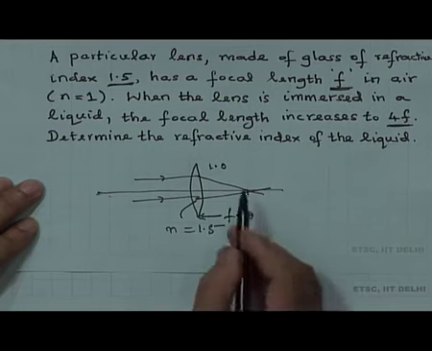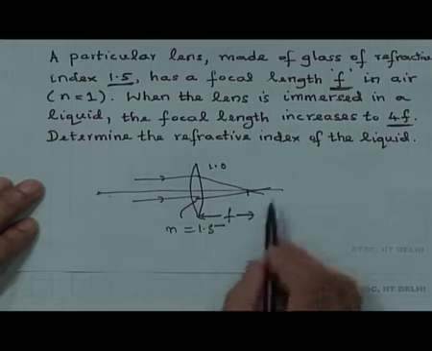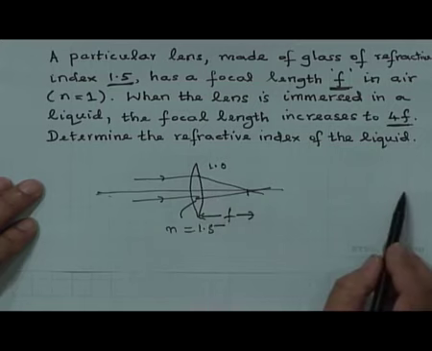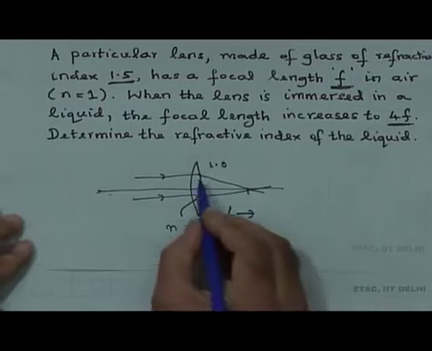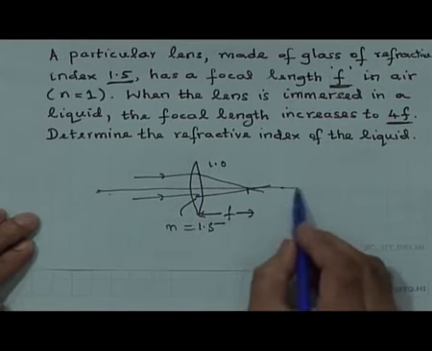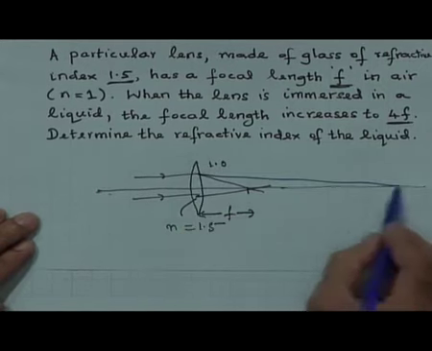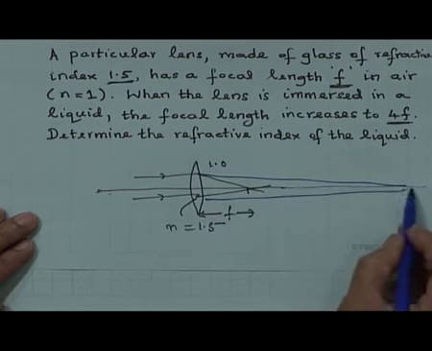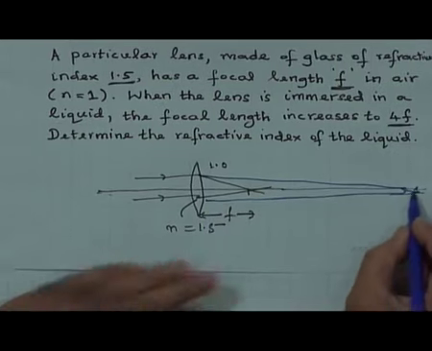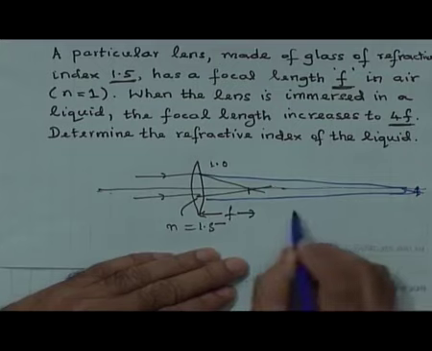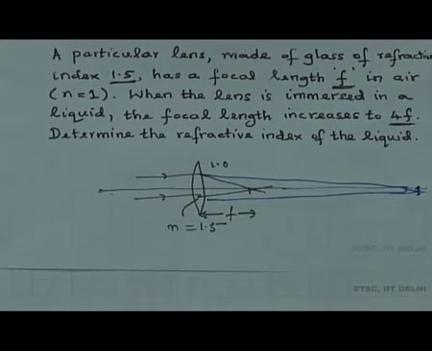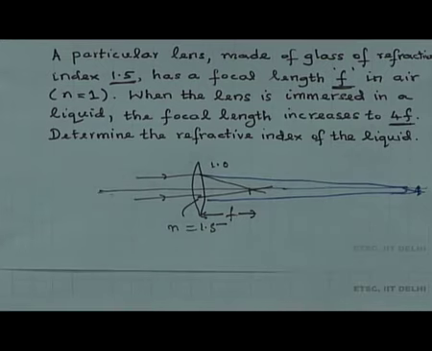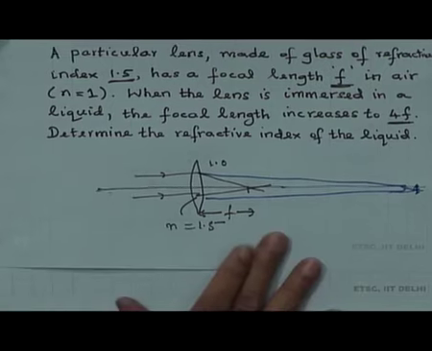What is given is, if this lens is immersed in a liquid, the focal length will increase to 4f. So, let me use a different color, the focal length increases to 4f. So, it is intersecting somewhere here, and this separation is 4 times the original separation. Determine the refractive index of the liquid. So, how do we go about this?